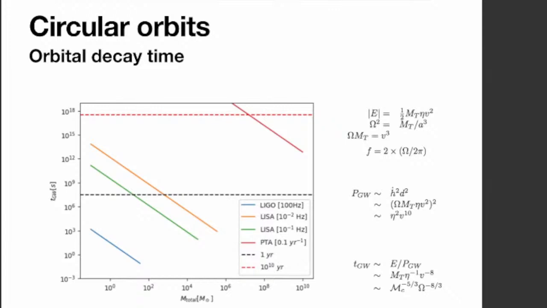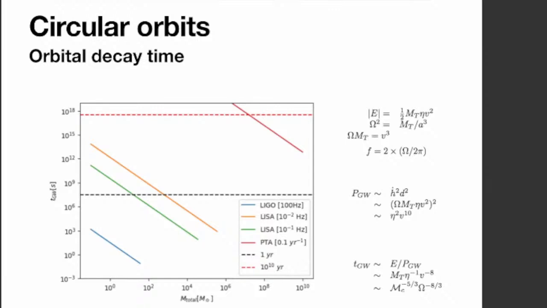So here are LIGO sources. LIGO sources definitely merge in the human time scale. We see the merger, and it's a small fraction of a second or something like this, depending on the mass, okay? LISA, some of the LISA sources live below, some live above, depending on the mass. Some of them you can see merge, and some of them take too long.